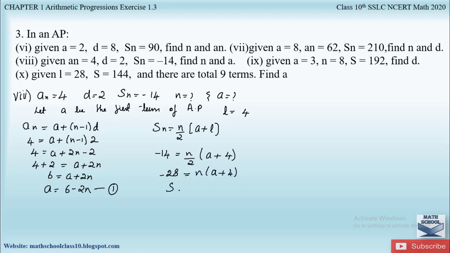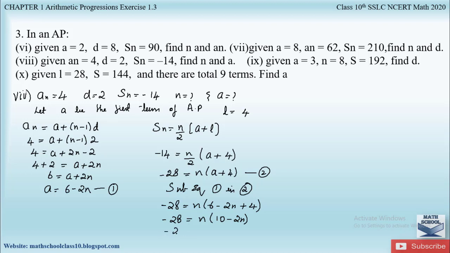Now let us substitute the value of a which we got in equation 1. We will get minus 28 is equal to n into, what is the a value, 6 minus 2n plus 4. That will be minus 28 is equal to n into, 6 plus 4 is 10 minus 2n.